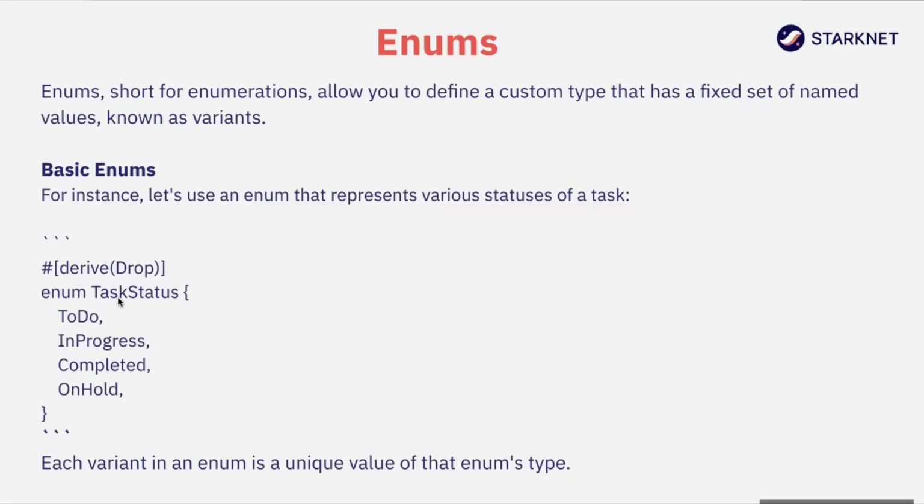So you have the task status: to do, in progress, completed, and on hold. This is just a basic way of using enums. For more complexity, you can check out the Cairo book.